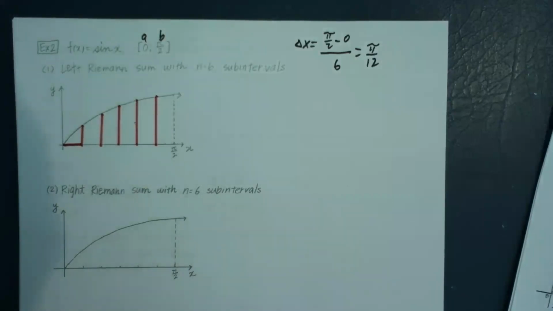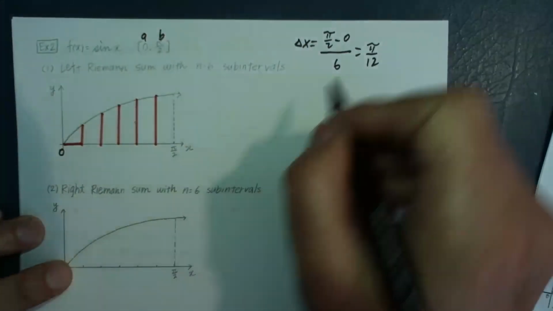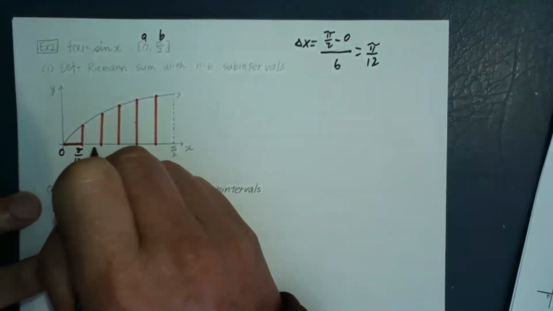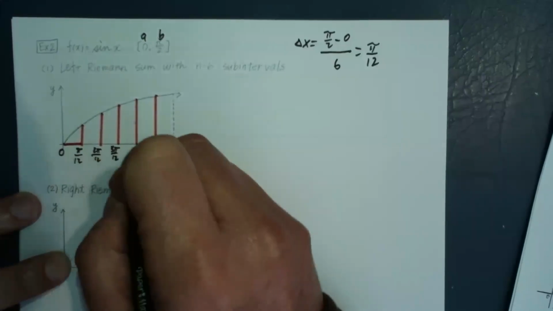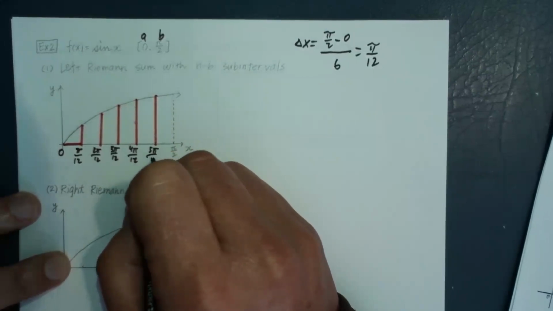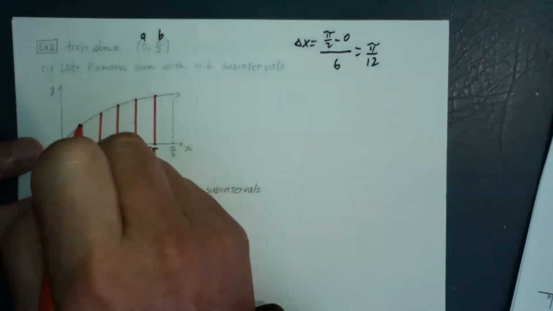And here we're going to start at 0, then add pi over 12, then add pi over 12, then add pi over 12. And although I can reduce some of these, I'm just going to leave them over 12. It really makes it a lot easier for us to visualize what we're looking at. And because we're doing the left Riemann sum, our rectangles are going to be here.